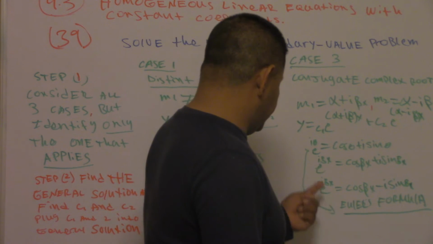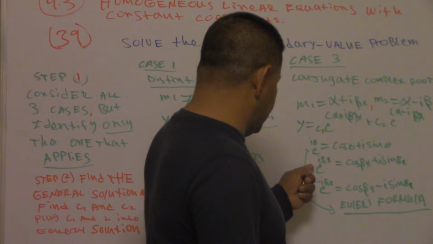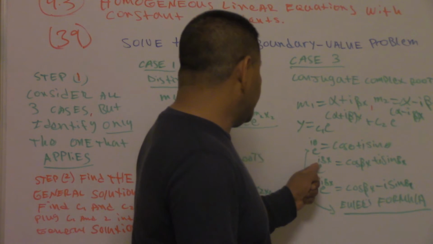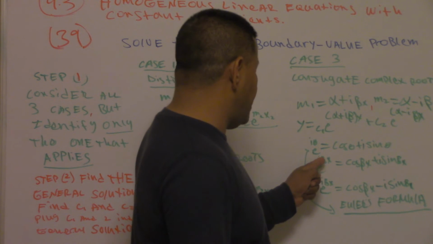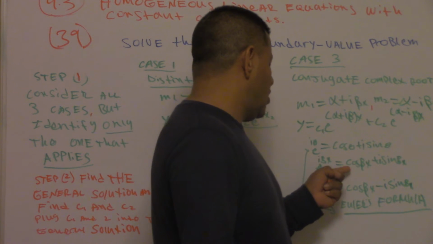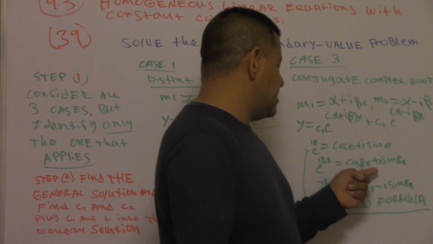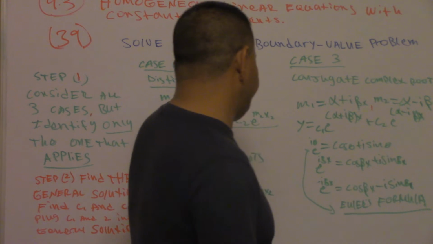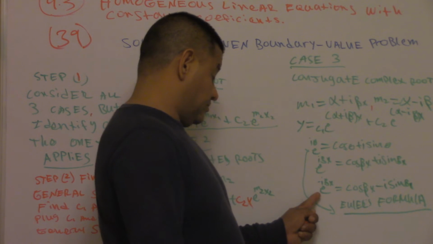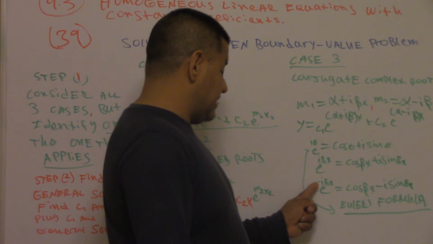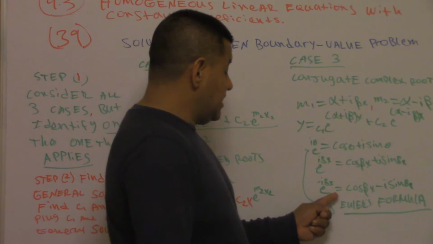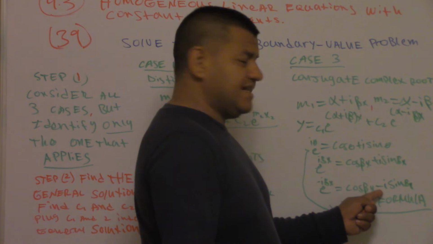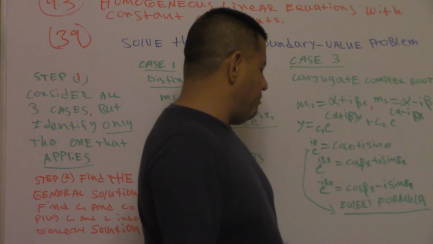So this formula can be translated into e to the i beta x equal cosine beta x plus i sine beta x, and e to the minus i beta x equal cosine beta x minus i sine beta x.